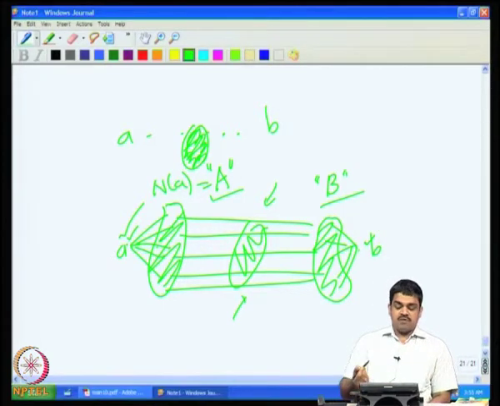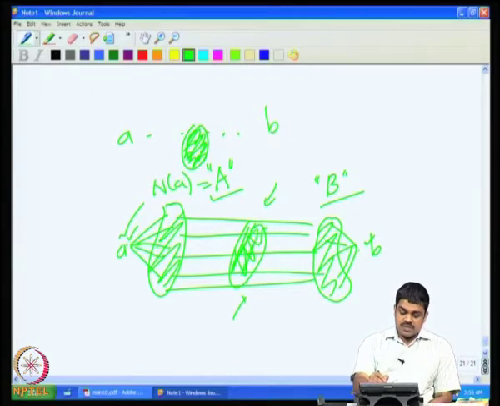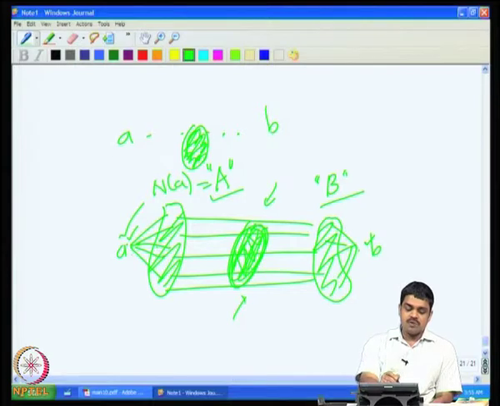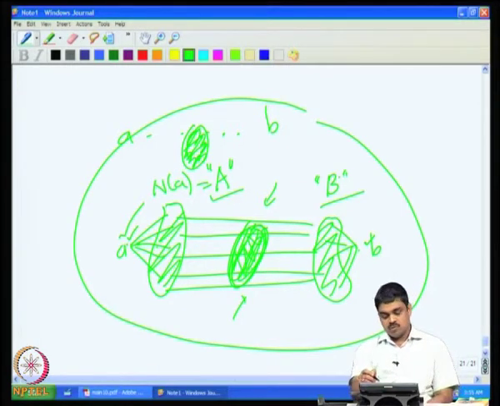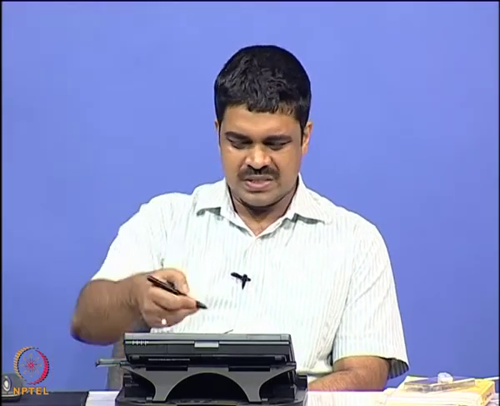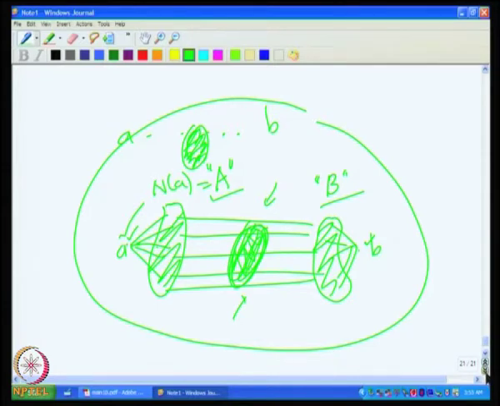And similarly we have to prove that the number of vertices in the minimum separator for A and B will be equal to the number of vertices to be removed to separate small a from small b. Once you get these two things, then the proof is automatic. I leave it to the student to verify that. It's the same as the earlier one, while it is not very interesting to teach.